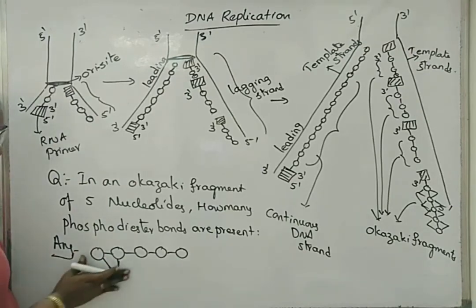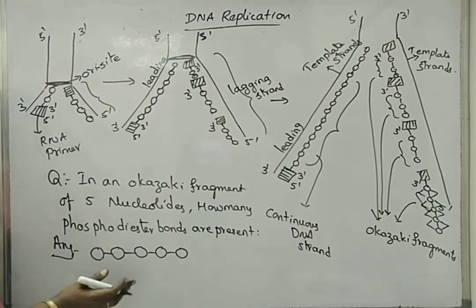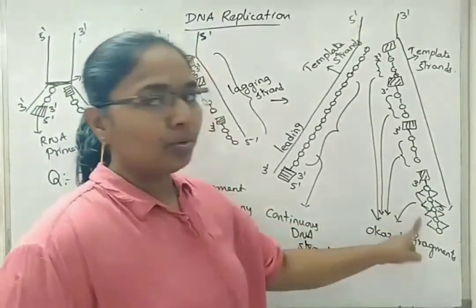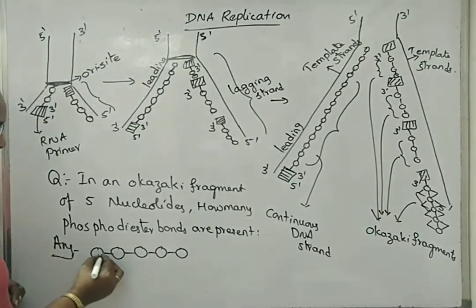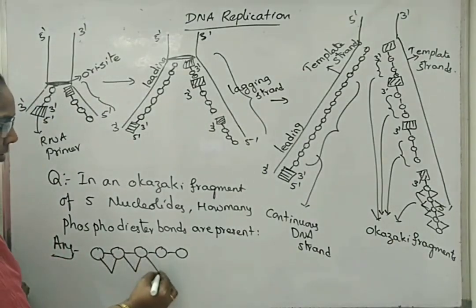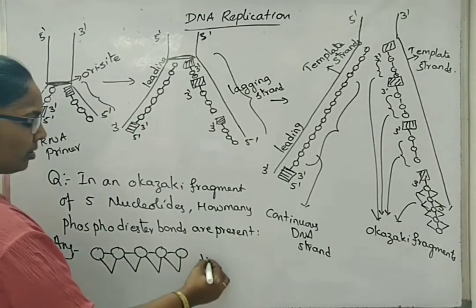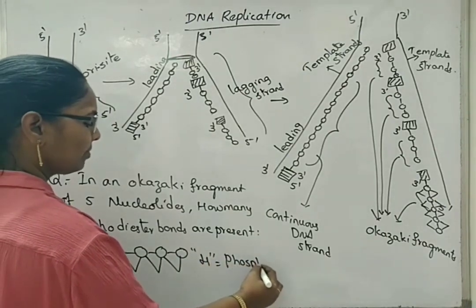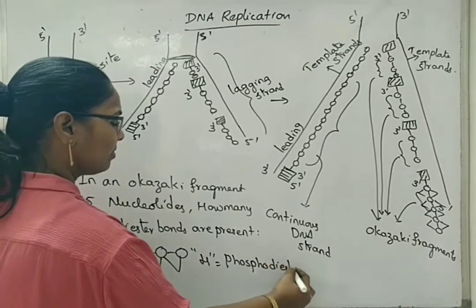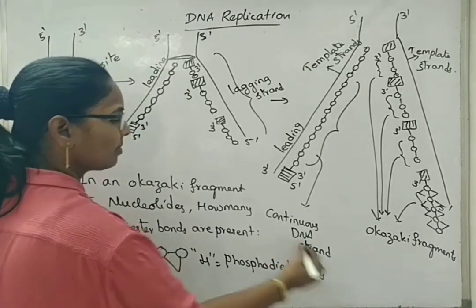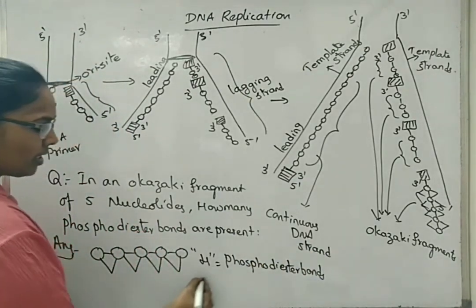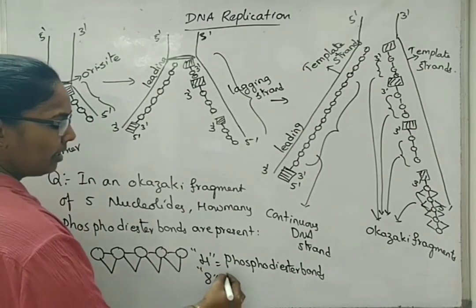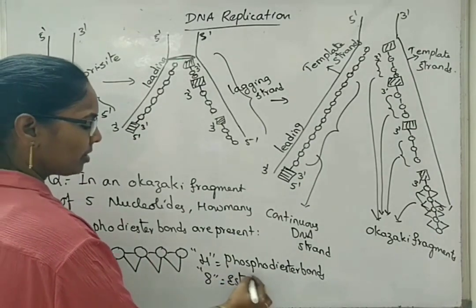So this is one nucleotide strand, and here will be the other. But here the Okazaki fragment is having only one single strand. So 1, 2, 3, 4. So 4 phosphodiester bonds. If the number of ester bonds is asked, it will be 8 in number. 8 ester bonds.